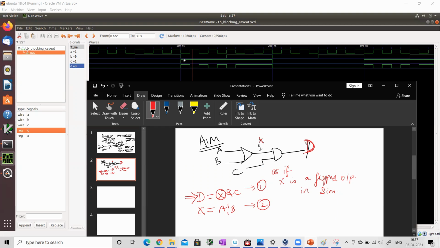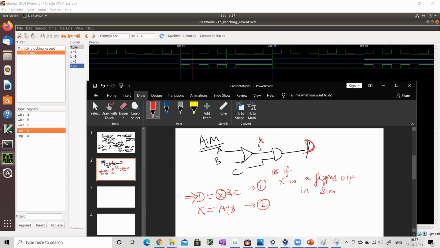Here A is 0, B is 0, so the output of the OR gate will be 0, ANDed with this AND gate will be 0. So clearly it is looking at the past value. Correct? Clearly it is looking at past value. This is looking as if there is a flop here. Correct? This is not the real behavior. Correct? Now let us synthesize this and see what happens.